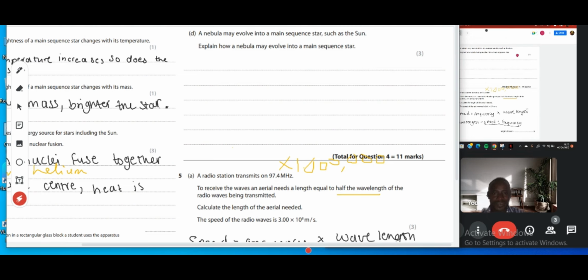Interesting. A nebula may evolve into a main sequence star such as the sun. Explain how a nebula may evolve into a main sequence star.